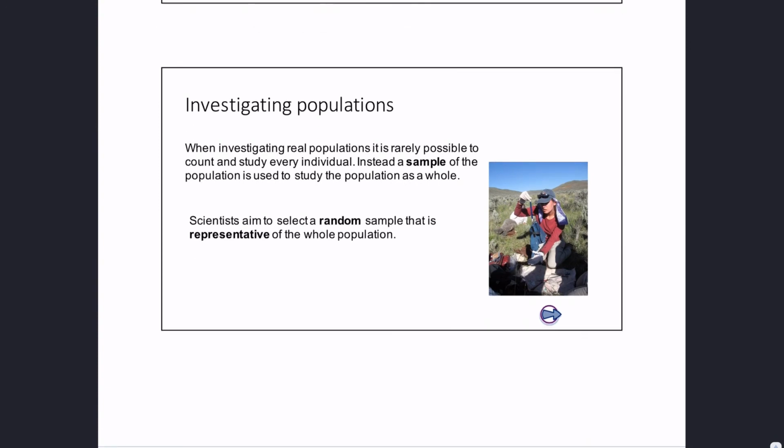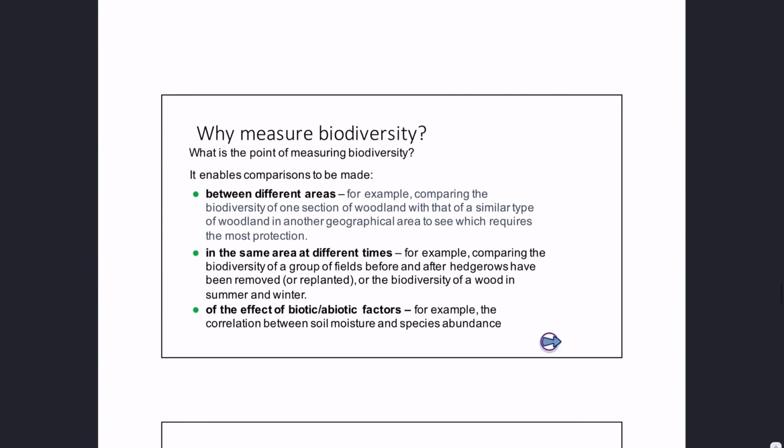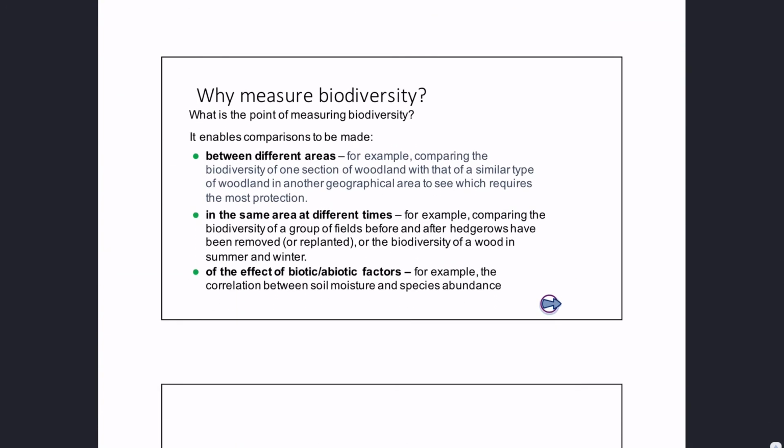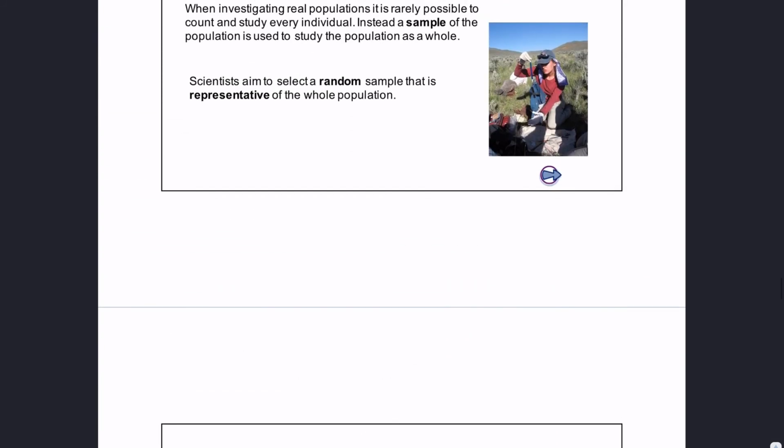The first key point, I mean, there's a number of slides here. I don't want you to ignore any part of this, but the basic idea of sampling is this: you have a large area and you want to be able to do an investigation and apply a general rule or relationship. You want to understand, for example, the effect of light intensity, and apply it to a large area.